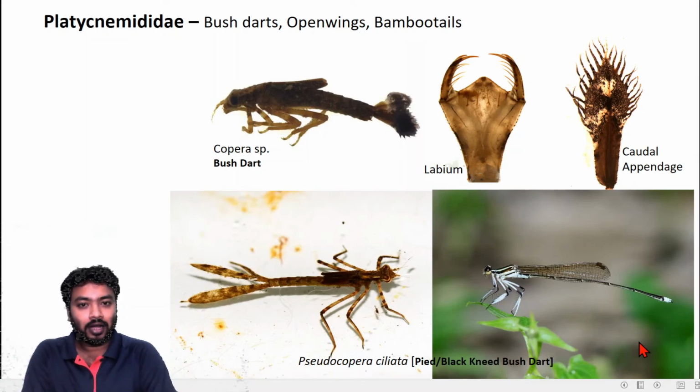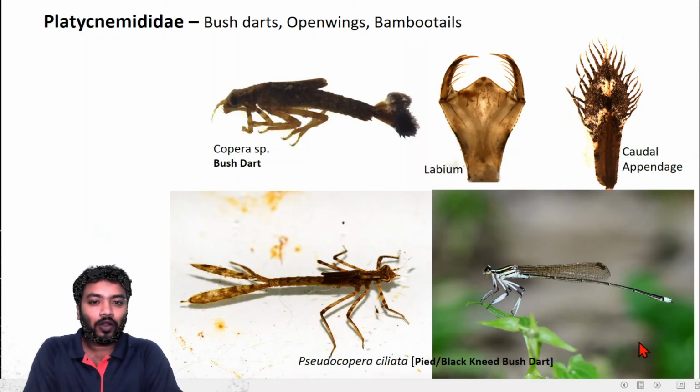Like this Copera, they are always found in the leaf litter, and you will see they are generally dark in color, and they depend on body coloration for their camouflage. But in the same habitat you can find some Coenagrionid larvae, and they generally don't do that.